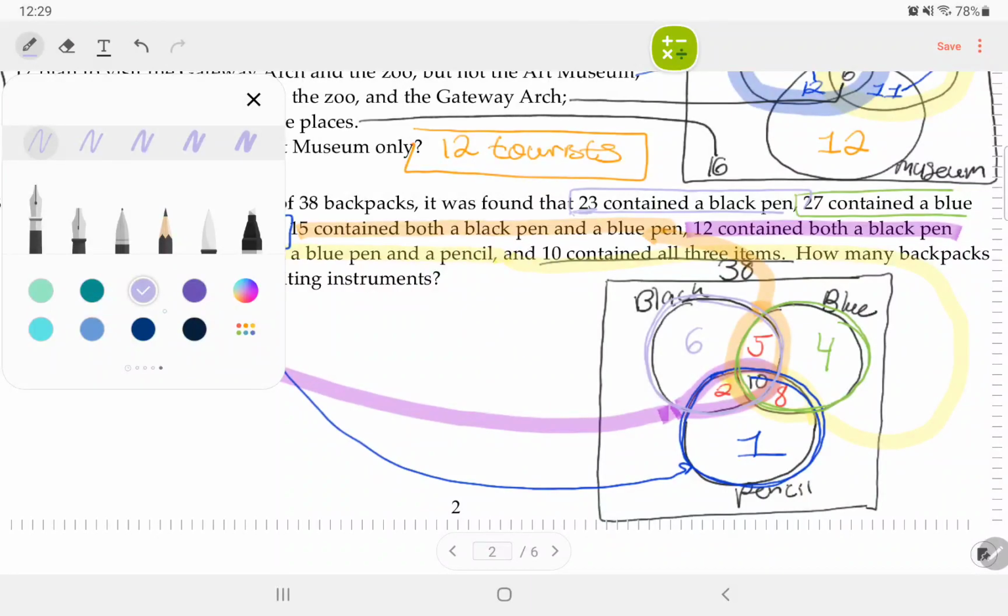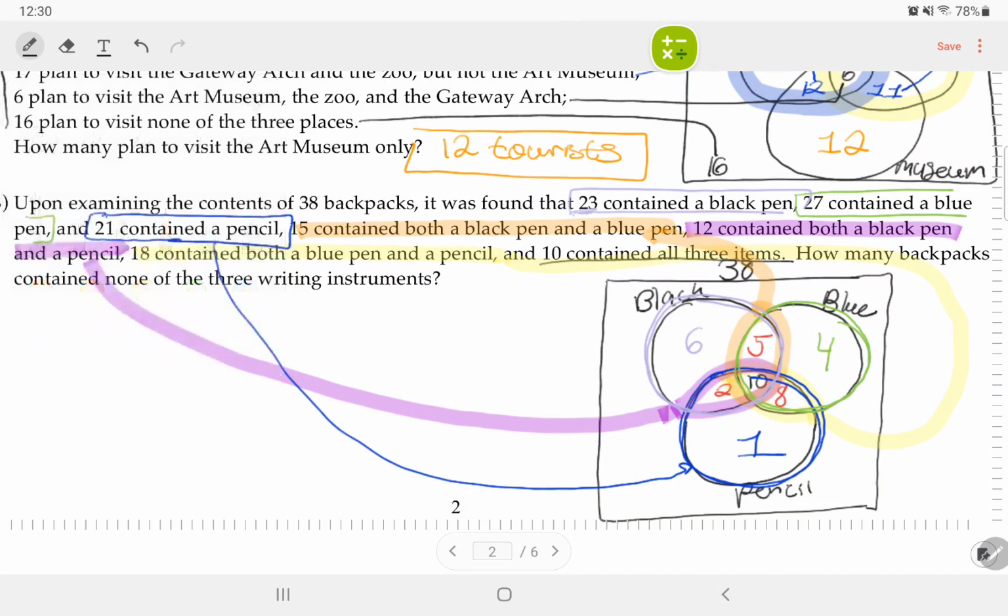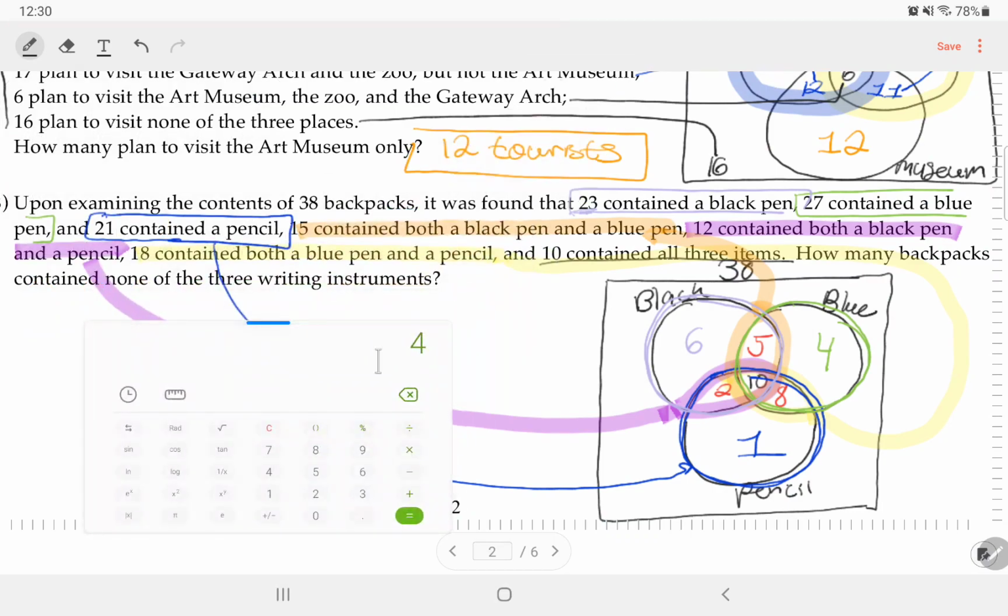Last but not least, we need to find out how many backpacks had none of these instruments. And to find that, we're going to add up every number inside of the Venn diagram. The 6 with the 5, the 4, the 2, the 10 in the middle, the 8 on the outside, and plus the 1.